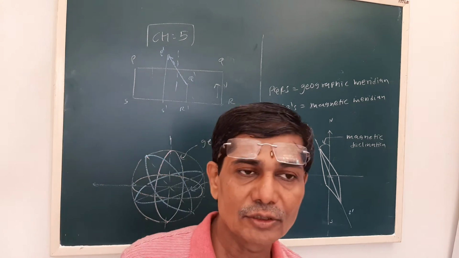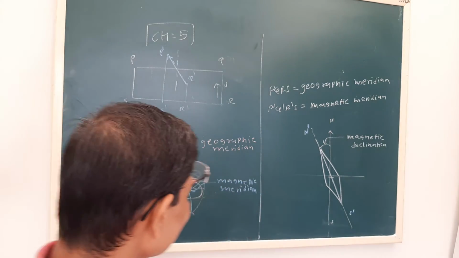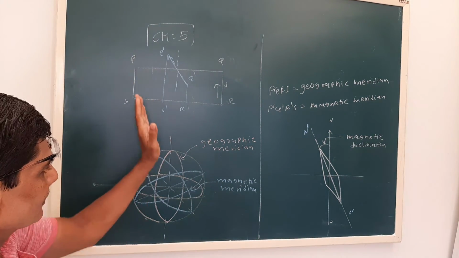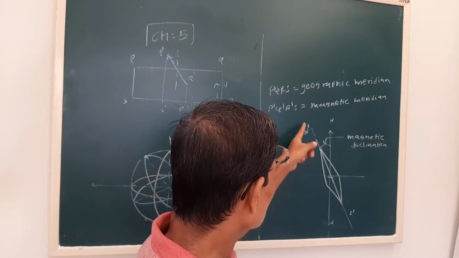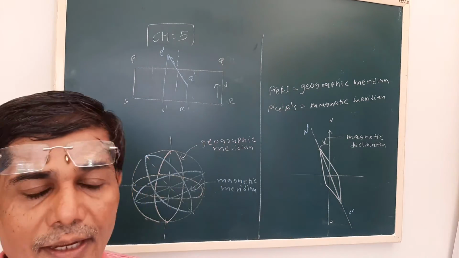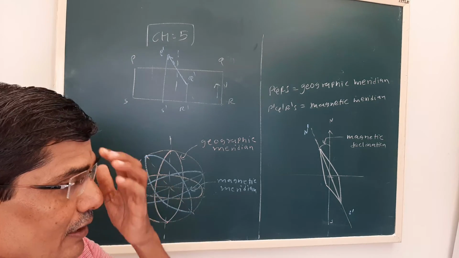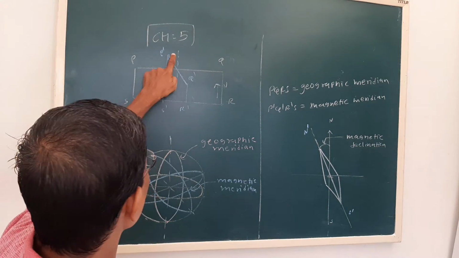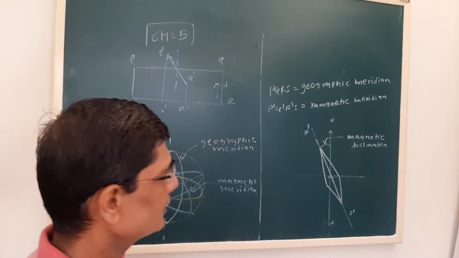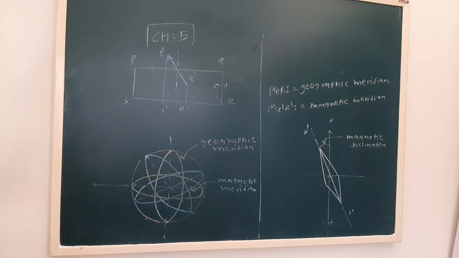The plane passing through this is called the magnetic meridian, and see the Earth's magnetic field. Because Earth rotates at some angle, the plane passing through this is called the magnetic meridian. The angle between the geographic meridian and magnetic meridian is called magnetic declination.